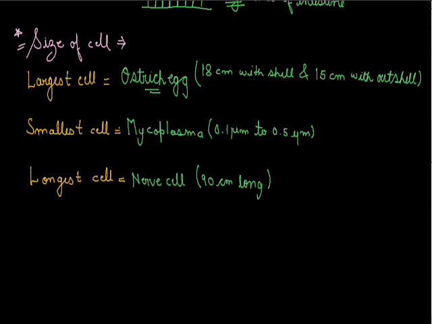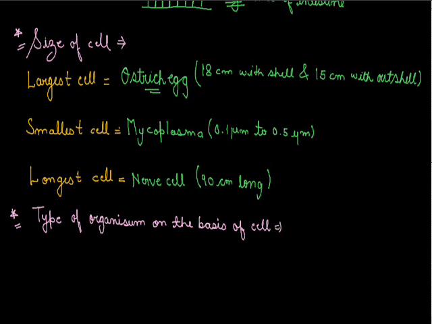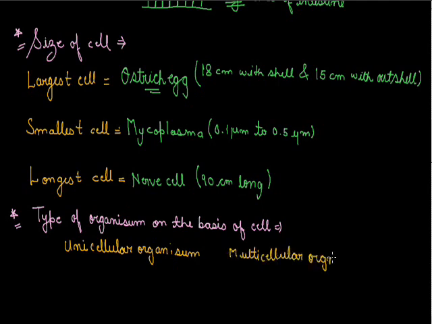Next we will start the types of organisms on the basis of cells. There are two types of organisms defined on the basis of cells. First is the unicellular organism, and second is the multicellular organism.